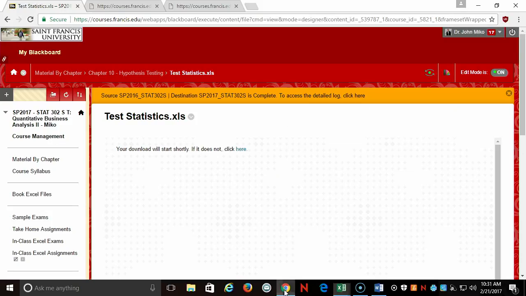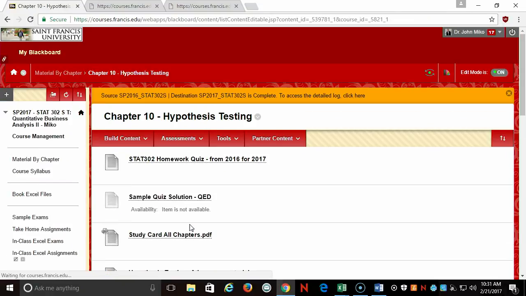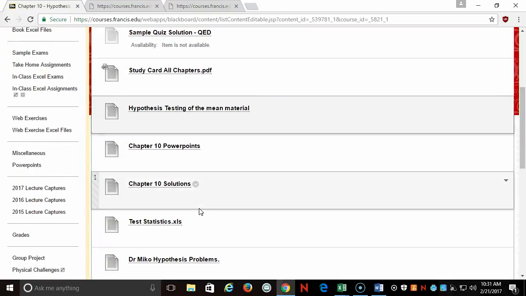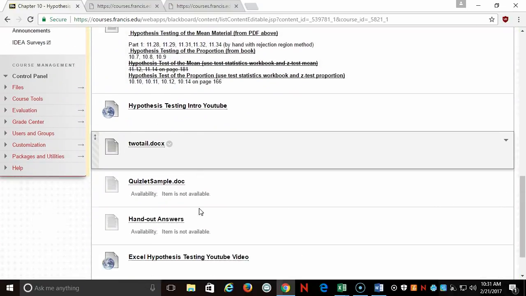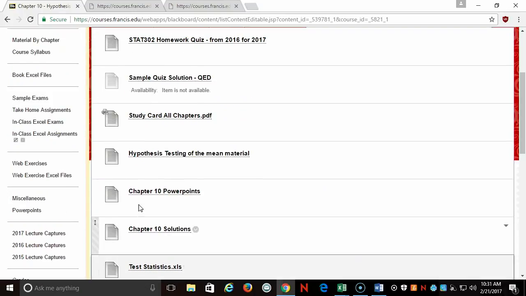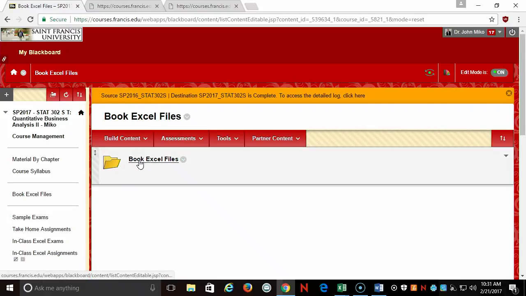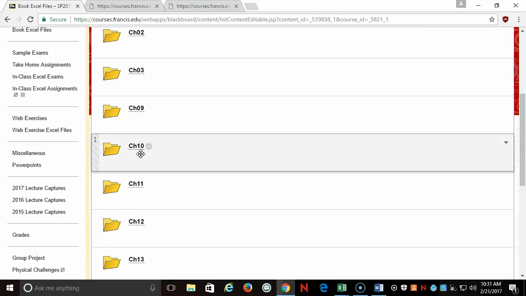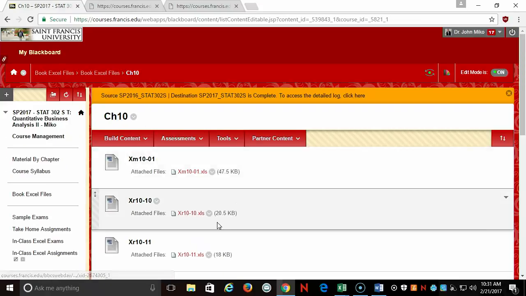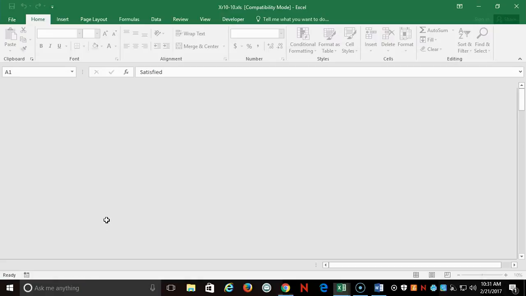Well, in this case, I'm going to have to go to the data file, material by chapter, chapter 10. This data is, where is that? Did I not have that linked? Book Excel files, chapter 10. Here's the data, XR 10-10.